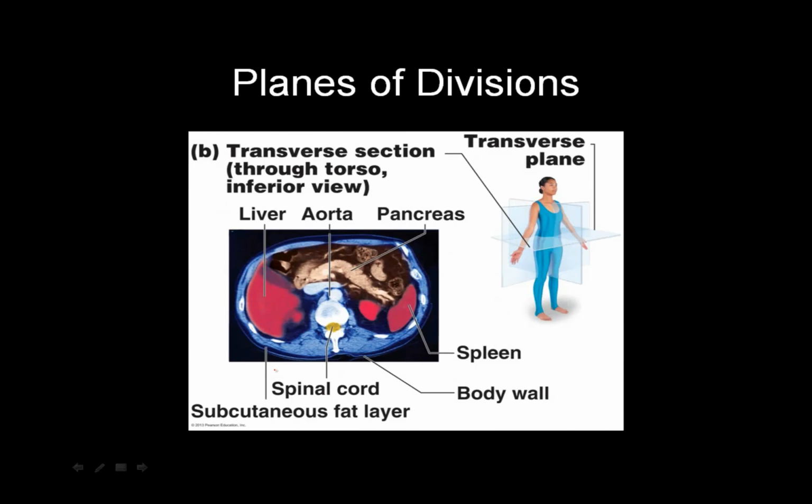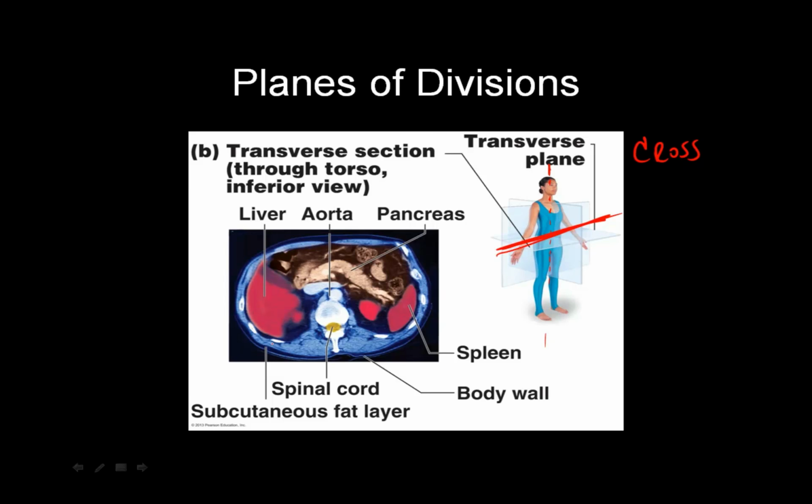Another one is, let's see, this is a transverse section, sometimes called a cross section. The old term is a cross section, and that's because you're cutting across the longitudinal axis. The longitudinal axis of this individual is right here, and you're cutting across it, so that's called a cross section or a transverse section. And when you look at this kind of section, it's going to give you a very different image.